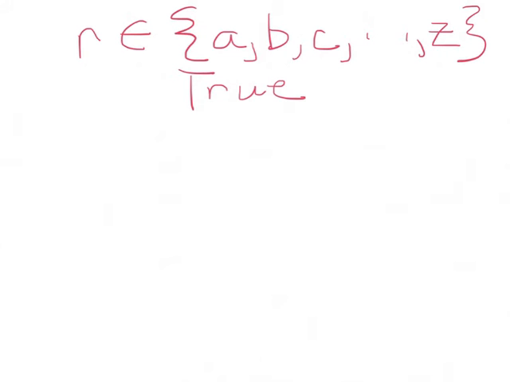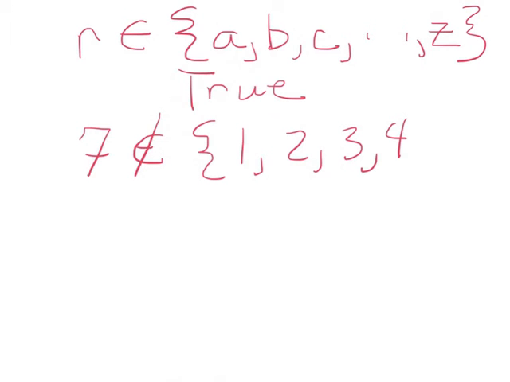Okay, let's try another one. 7 is not an element of the set of 1, 2, 3, 4. True or false? That's right. That's also true, because 7 is not a part of that set. Okay? Make a little more sense?